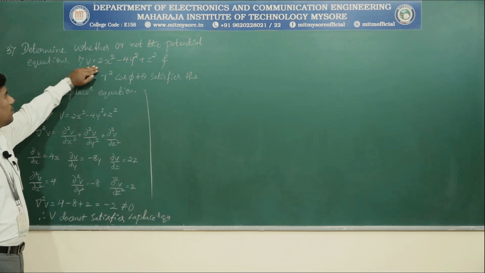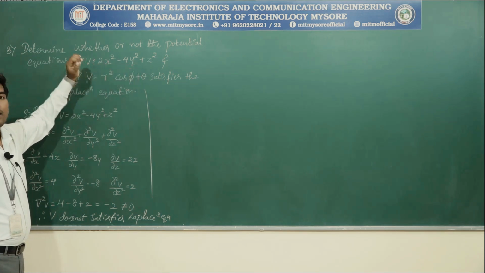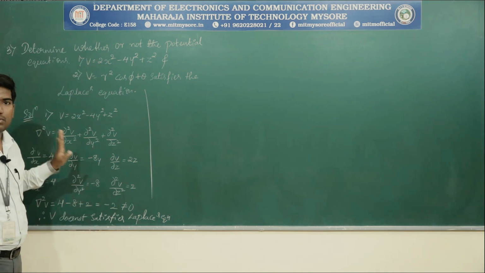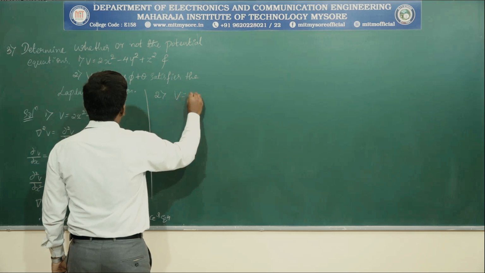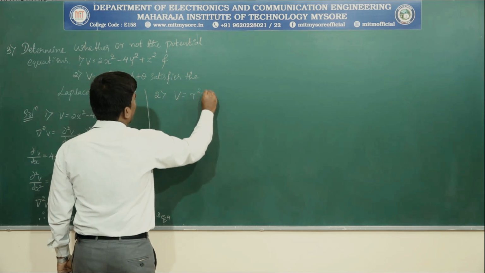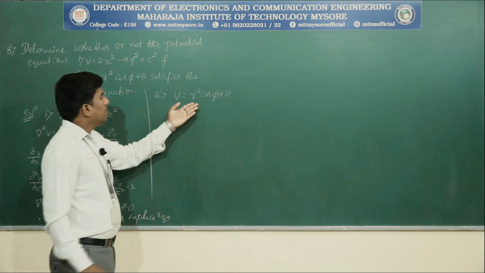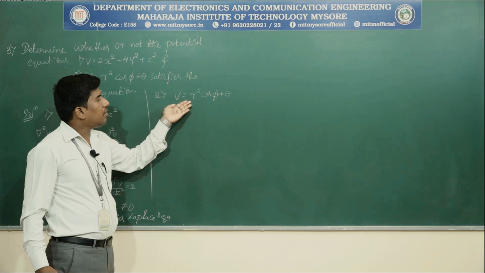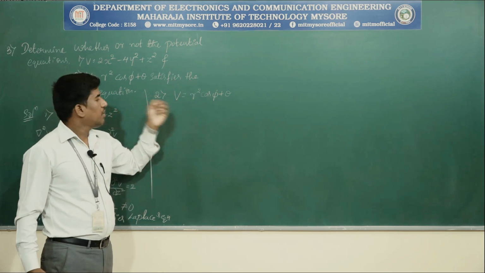First part, that is V is equal to 2x square minus 4y square plus z square, does not satisfy the Laplace equation because it is not equal to 0. Then coming to the second part, V is equal to r square cos phi plus theta. By looking at the potential equation, we know that we have all three coordinates of the spherical coordinate system.